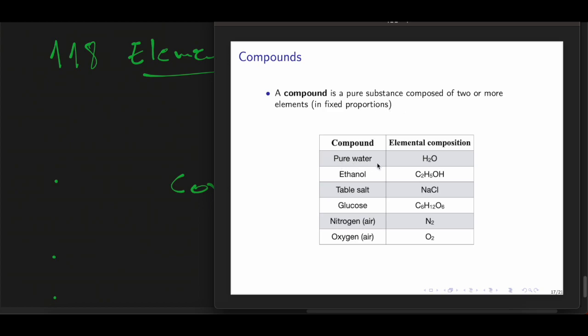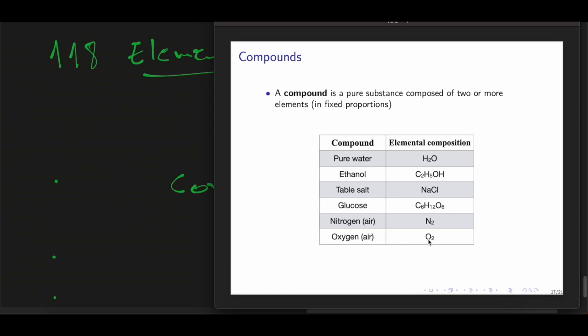For example, pure water is composed of the elements hydrogen and oxygen. Ethanol is composed of carbon, hydrogen, and oxygen. Glucose, the same thing, is composed of carbon, hydrogen, and oxygen.